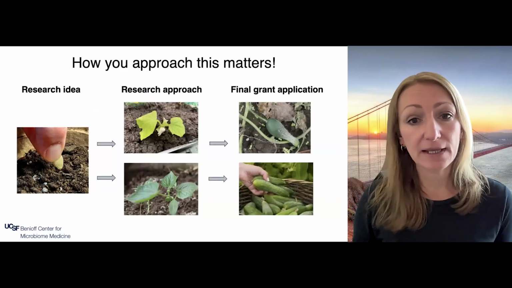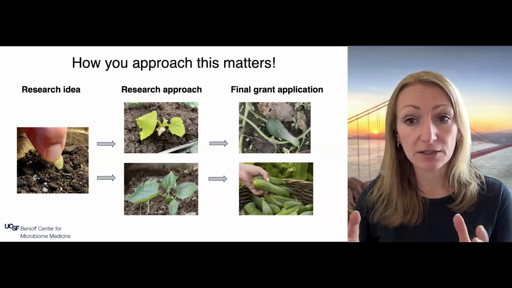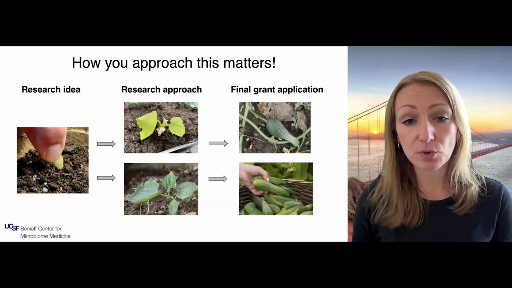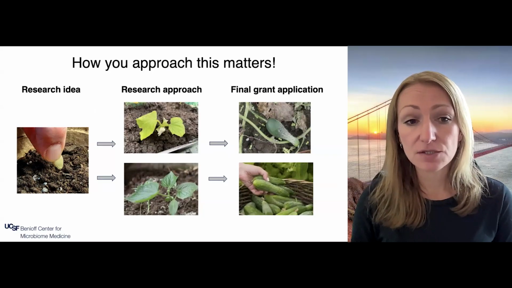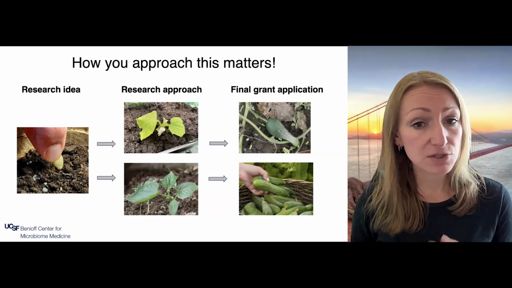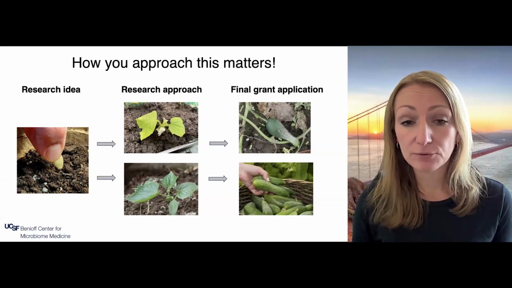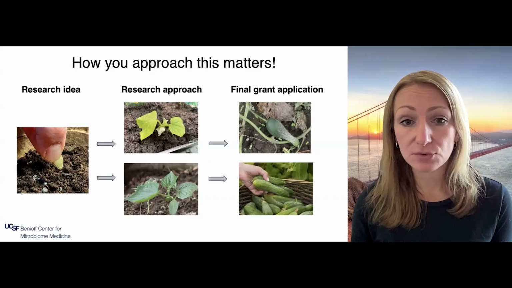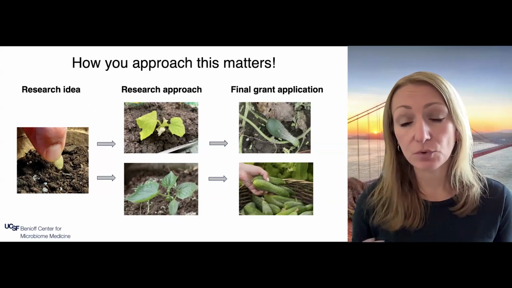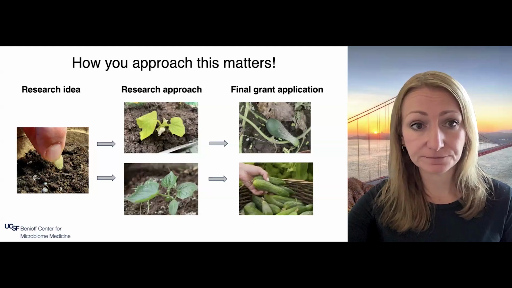How you seed your plant and how you grow your application into a really rounded and nice product does matter. And so make sure that you have a very strong rationale, research approach, and how you explain your research to others. That will help you produce a successful application.